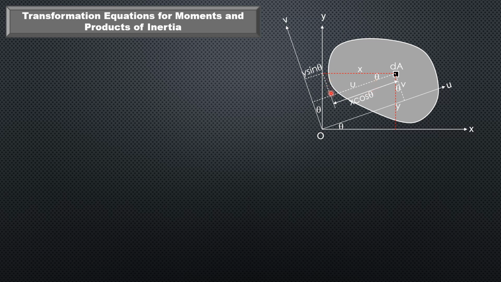Then this vertical distance here is x sine theta, while this distance here is this leg of this right triangle, 90 degrees here, because this is y, the hypotenuse, parallel to that. So y, and the angle here is theta, therefore this is y cosine theta.